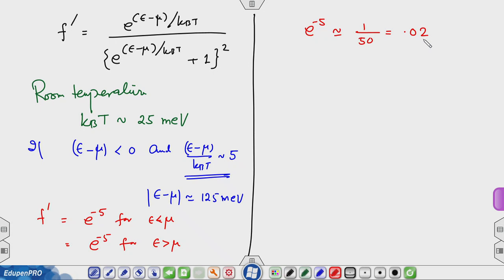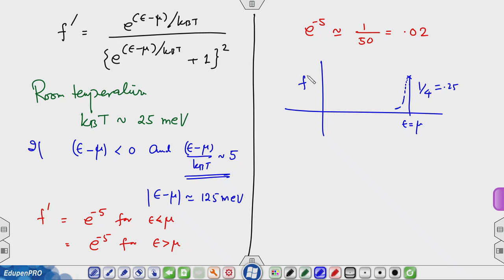So from the value of f, which was 1/2 at epsilon equals mu, it's 1/4, 0.25. The value at 5 comes out to be, this is f prime, 0.02, which is 1/10 of the original value.